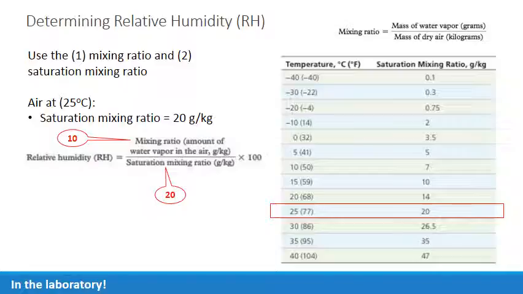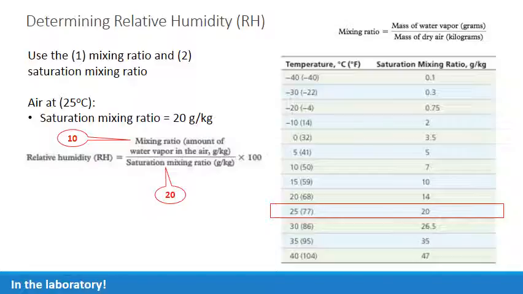So remember, the mixing ratio is this equation up in the top right corner. It's the mass of water vapor in the balloon of dry air, an imaginary balloon.